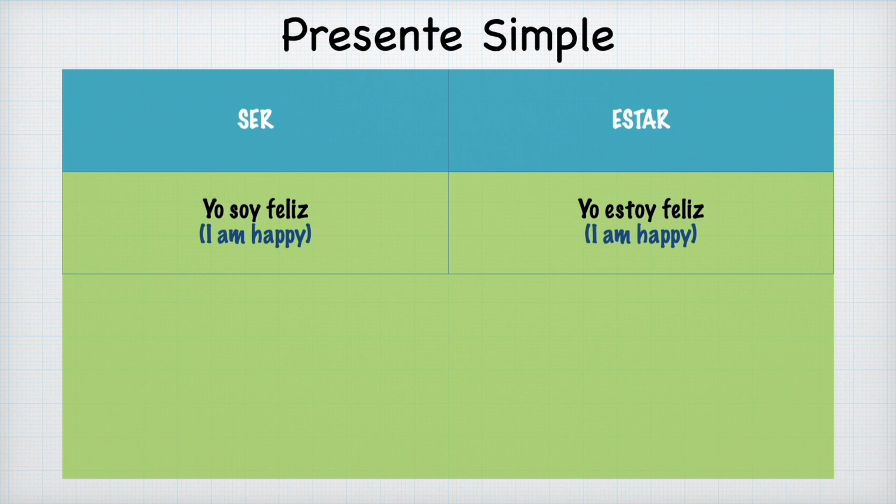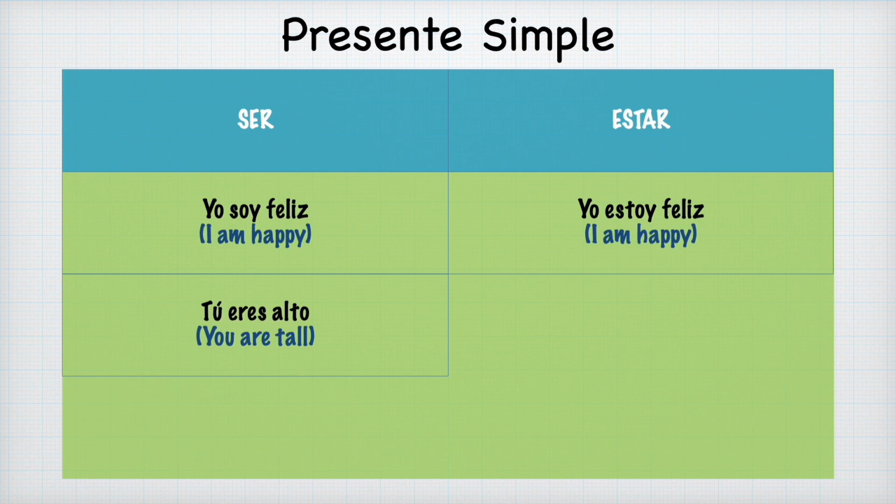And it also means I am happy. We can use either one with happy because generally speaking, we are always happy. But if we were to use tired, for example, I'm tired, we wouldn't say yo soy cansado. We would say yo estoy cansado because being tired is not a permanent condition. It's temporary most of the time.